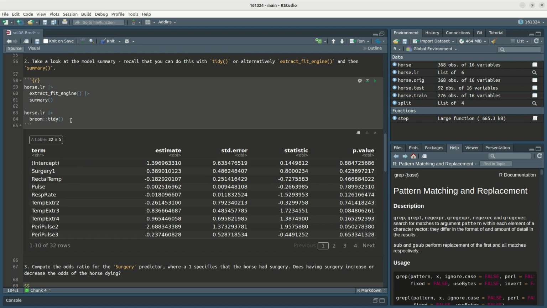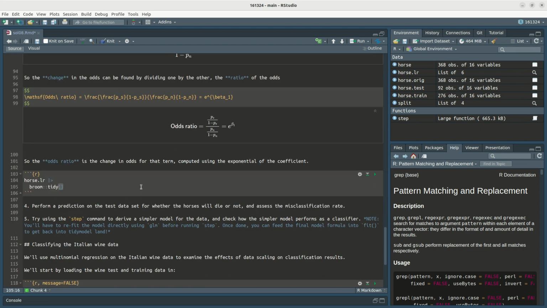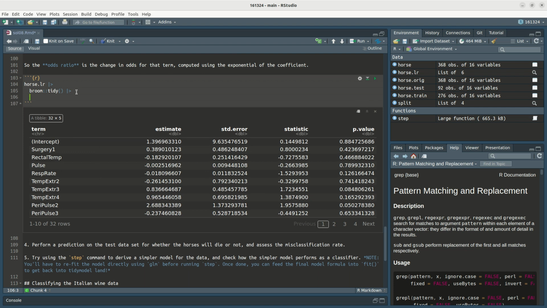So we can use the tidy form here. Here are our coefficients, and all we want to do is compute the odds ratio, so we could do that with a mutate. The odds ratio is just the exponential of the estimate.